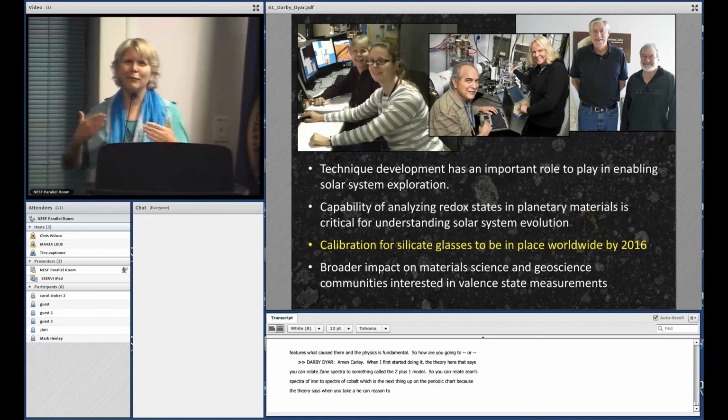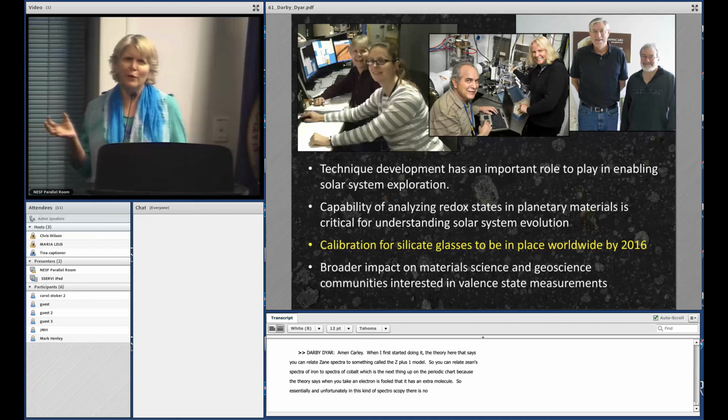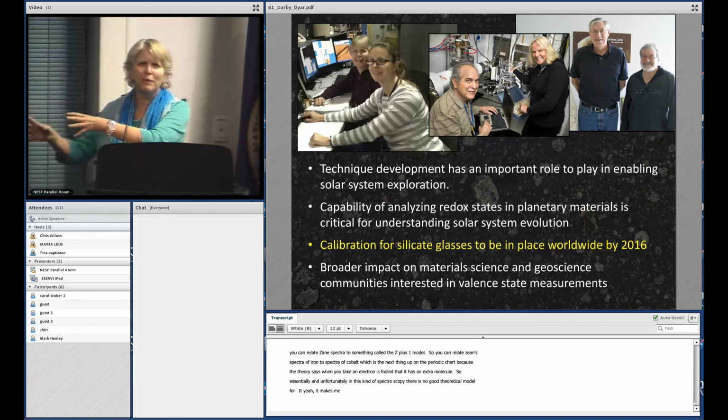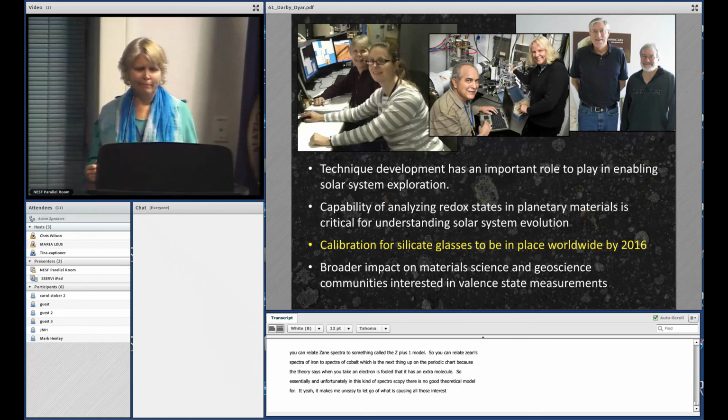So there were some early attempts to interpret mineral XANES spectra using the Z+1 model, but they didn't work very well. Unfortunately, in this kind of spectroscopy, there is no good theoretical model. So it makes me uneasy too, Carly, to let go of what's causing all those interesting features, but we don't have a model that can explain them. Okay, fair enough. Sadly. Okay, thanks, guys.